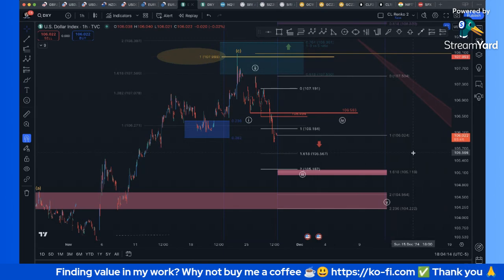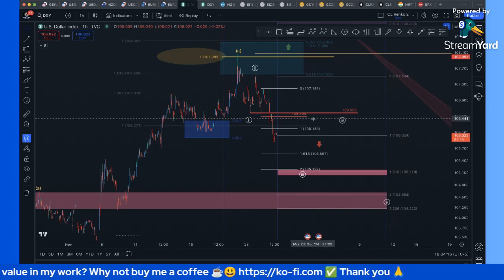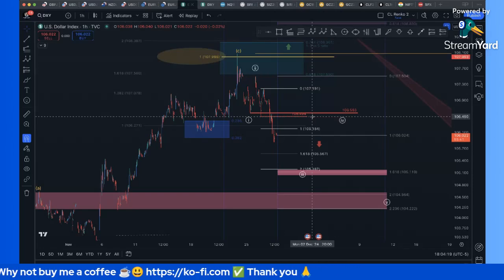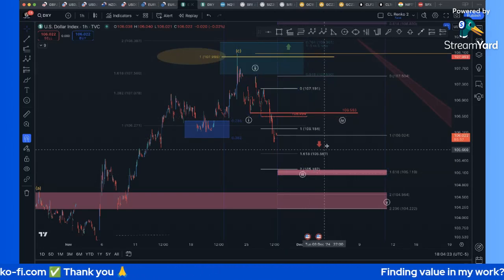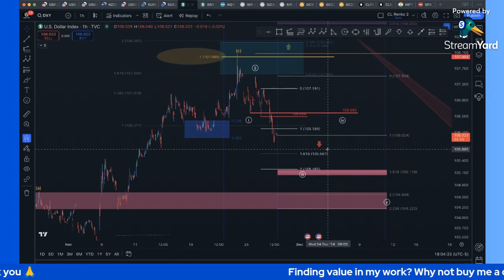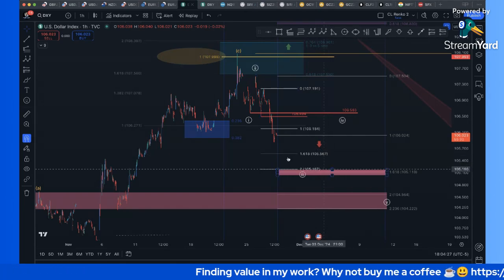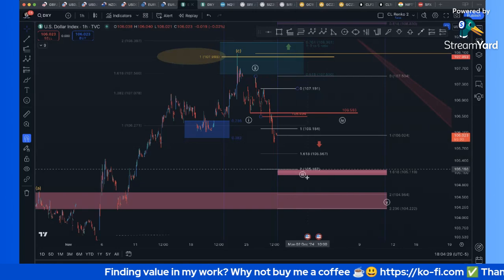Okay, so those are your parameters. 106,494. And you want to see it come down here and certainly get below 106 for sure. Ideally, it keeps coming after a little bounce in here, and then it comes down.